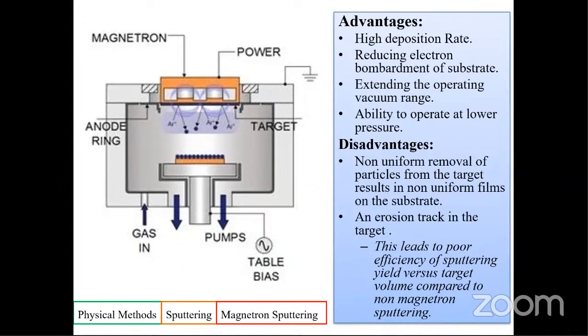However, the disadvantage is that the non-uniform removal of particles from the target results in non-uniform films on the substrate. Because one thing we must remember is that uniformity and repeatability are the two issues whenever we are going to deposit thin films.